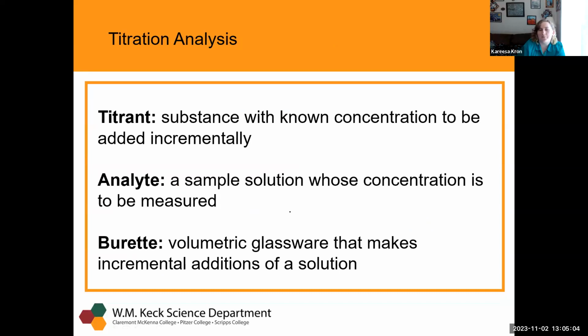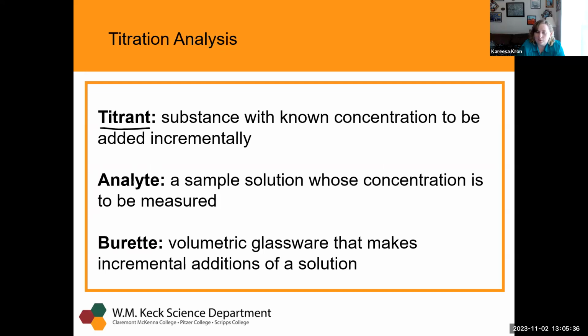Before I talk about the process, I want to define some of the vocab that we use throughout the process of titration. Titrant is the substance with a known concentration that we add incrementally to some other solution, our analyte, whose concentration we would like to measure or determine. So we use our titrant to determine the concentration of our analyte.